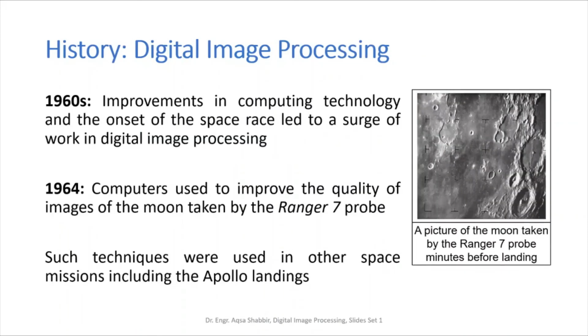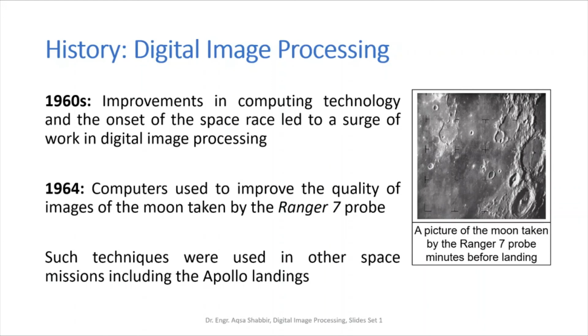In the 1960s, improvements in computers and computing technology and the start of the space race between the former USSR and the USA led to a massive increase in the work in digital image processing. Over here on the right is a picture of the moon that was taken by the Ranger 7 space probe minutes before it landed on the moon.